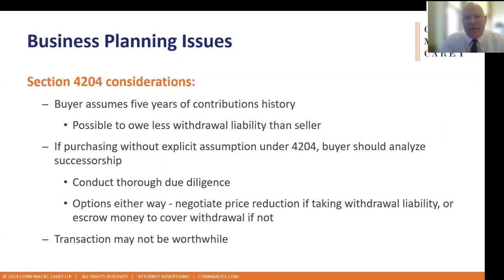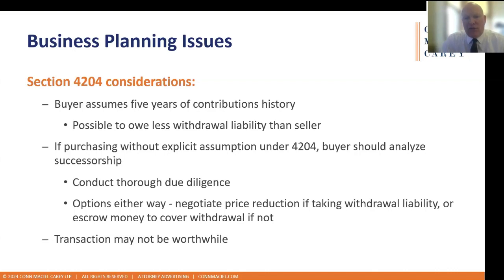If a buyer is taking a business without explicit assumption under 4204, the buyer should certainly analyze this concept of successorship, which we'll talk about a little bit more on the next slide.